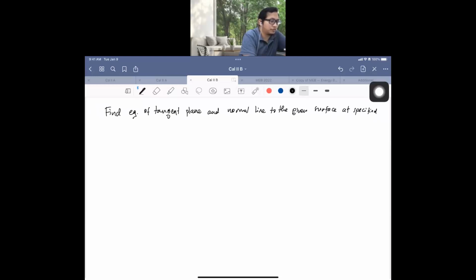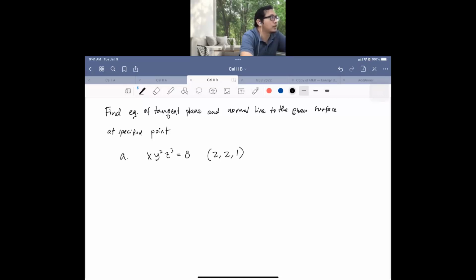Let's start with x y squared z cubed equals 8, at the point 2, 2, 1.